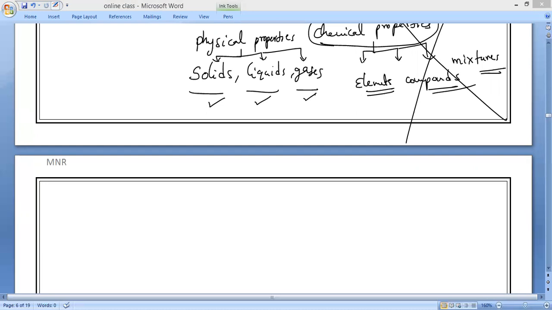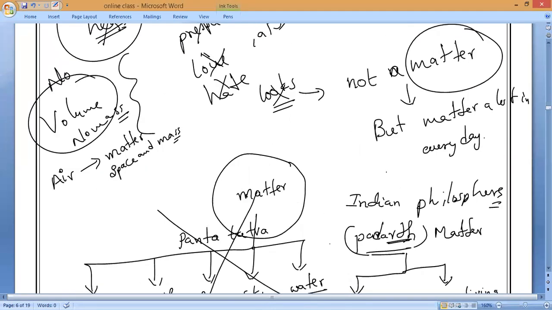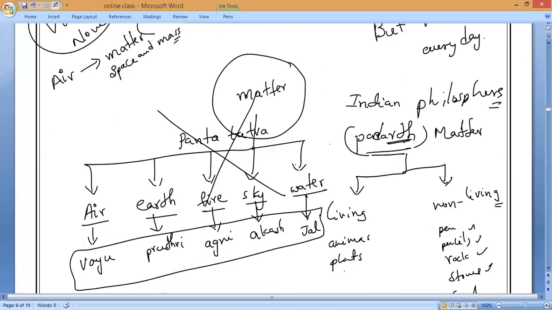Is it okay, guys? So this is the modern classification as well as the ancient classification of matter. Matter is called padarth.